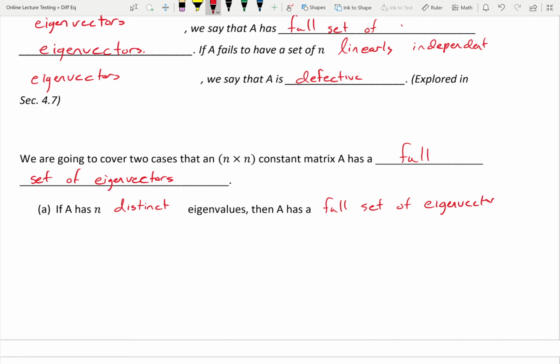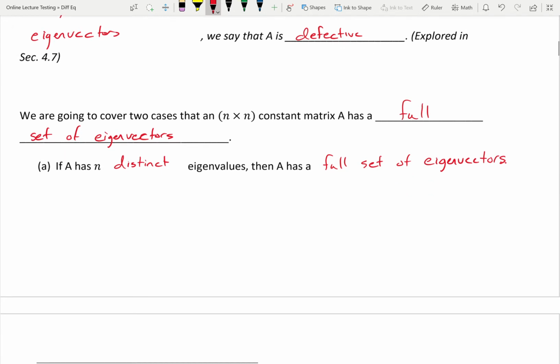So that's the nice thing about this. So that means if we find out that it has no repeated values, so notice that's why we're reserving that for 4.6 and 4.7, and they're real, again, that's the section that we're dealing with, then we can automatically say that A has a full set of eigenvectors. There's no need to prove that part that they are linearly independent.